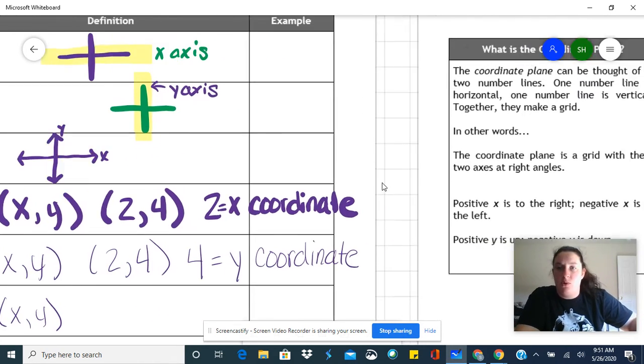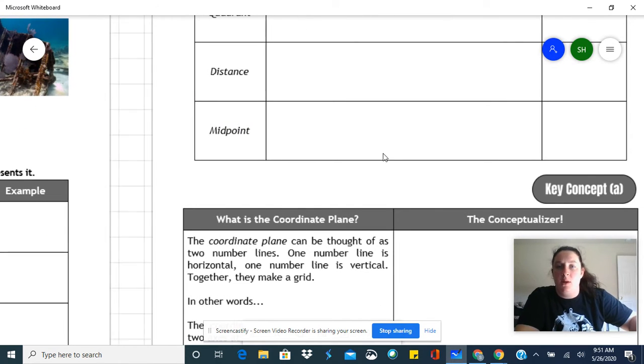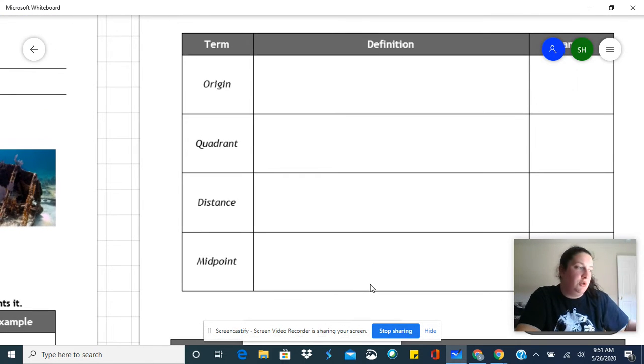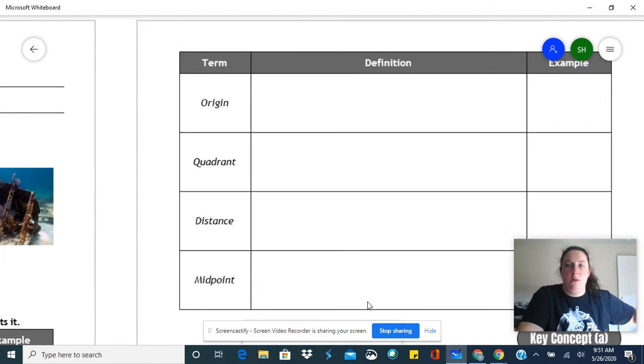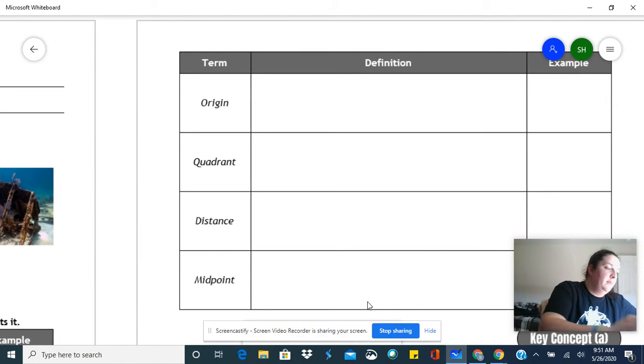So now we're going to scoot over to page 2. So we have our origin. Your origin is the center where your x and your y cross.